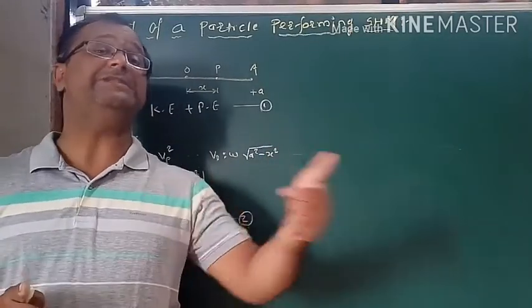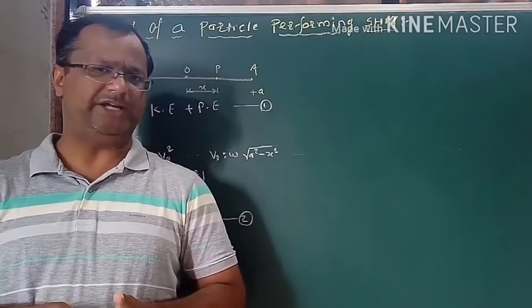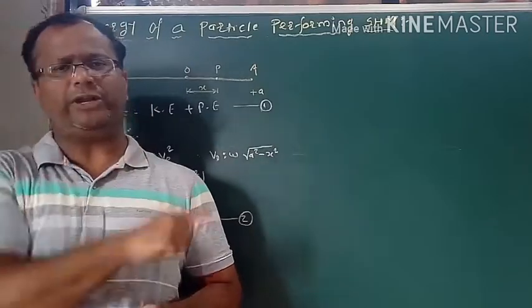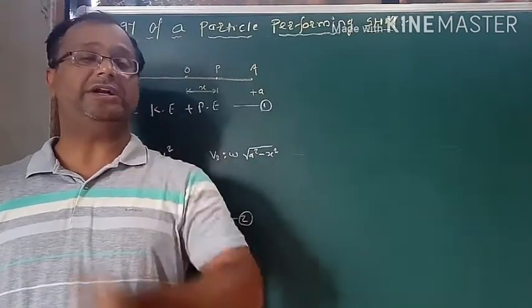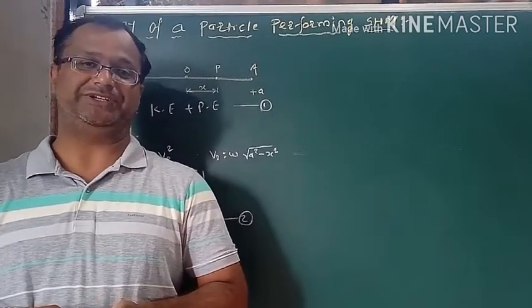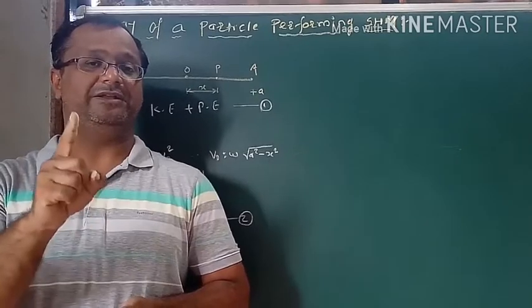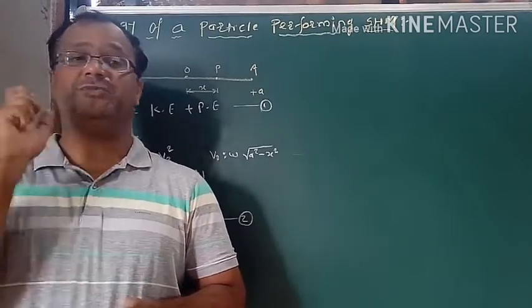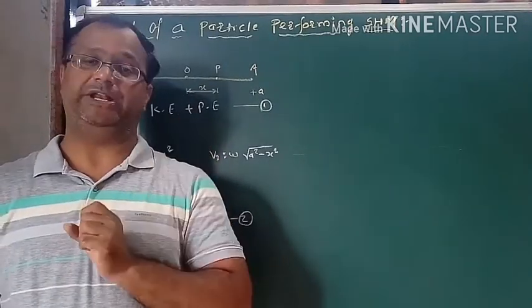Against the force we displace the particle, which means work is done. Whatever work is done is stored in the form of potential energy. So instead of potential energy, first of all we want to find out the work done.